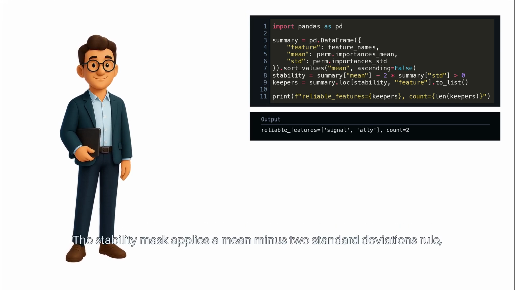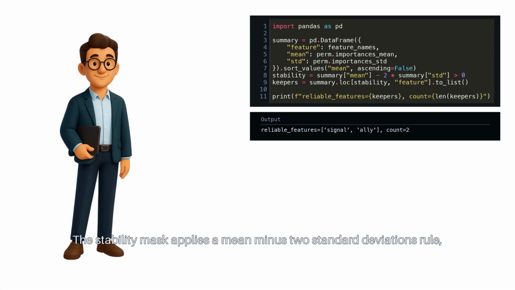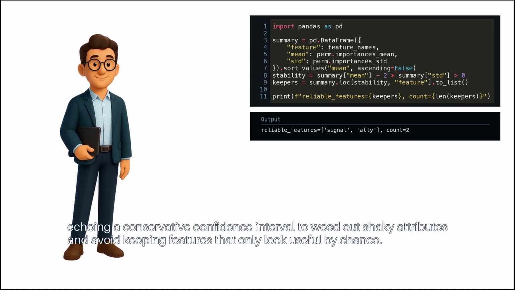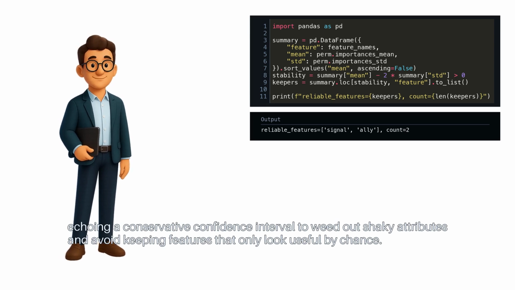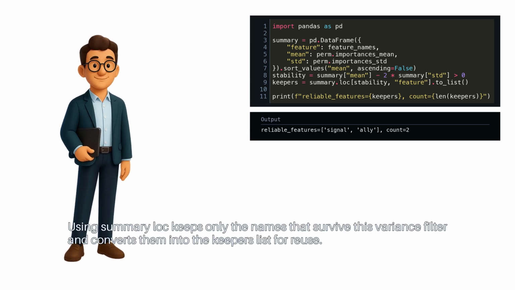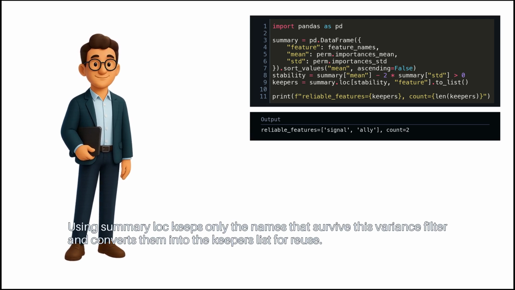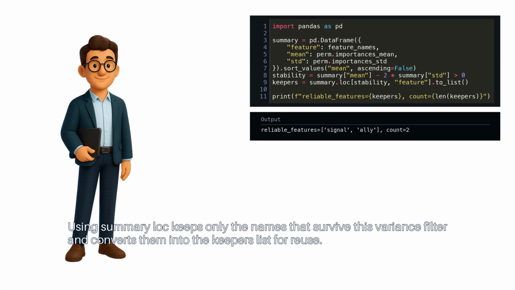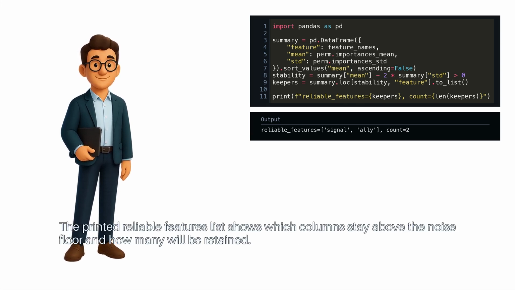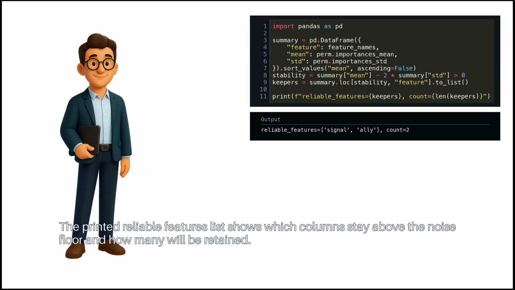The stability mask applies a mean minus 2 standard deviations rule, echoing a conservative confidence interval to weed out shaky attributes and avoid keeping features that only look useful by chance. Using summary loc keeps only the names that survive this variance filter and converts them into the keepers list for reuse. The printed reliable features list shows which columns stay above the noise floor and how many will be retained.